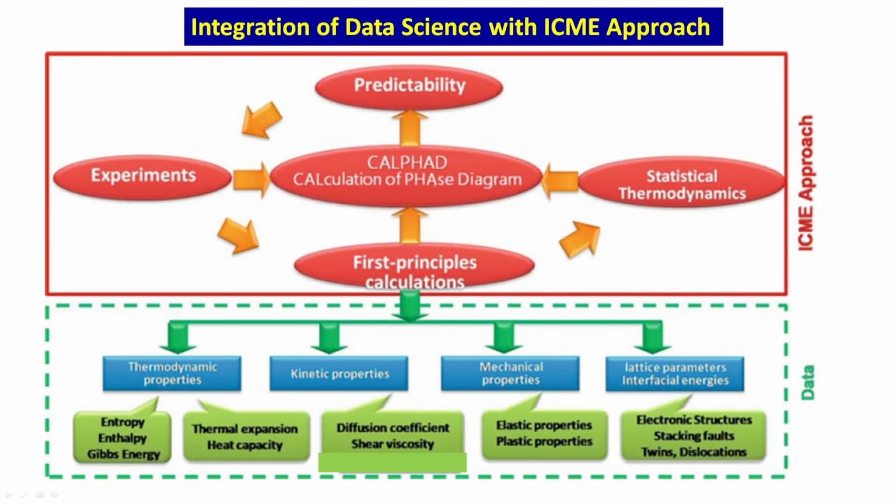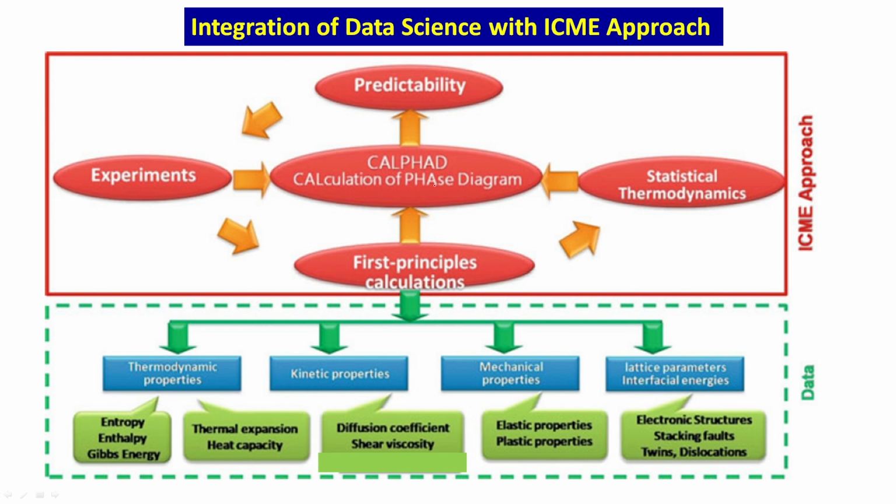So, we need to integrate data science with the approach we are talking about, materials design at different length scales, which is what is done in ICME. We have to do some experiments to find data, but data can also be used for generating phase diagrams.